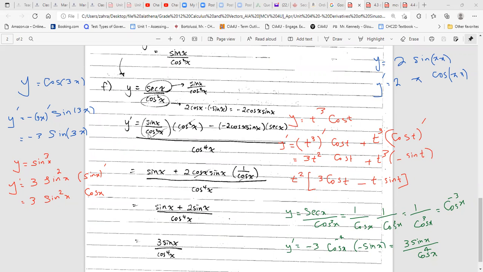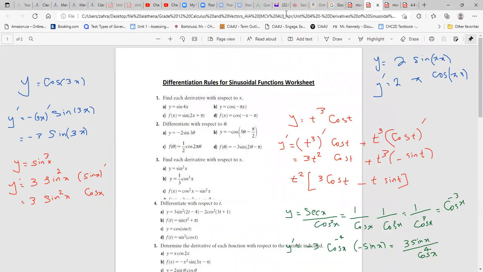You just do the simplification. This and this cancel, it's going to be sine x. Secant is 1 over cosine, cosine and cosine cancel. It's going to be 2 sine x here. 1 sine x plus 2 sine x is 3 sine x, and you have cosine power 4 in the denominator. That would give you exactly the same thing. So I'm going to erase this.